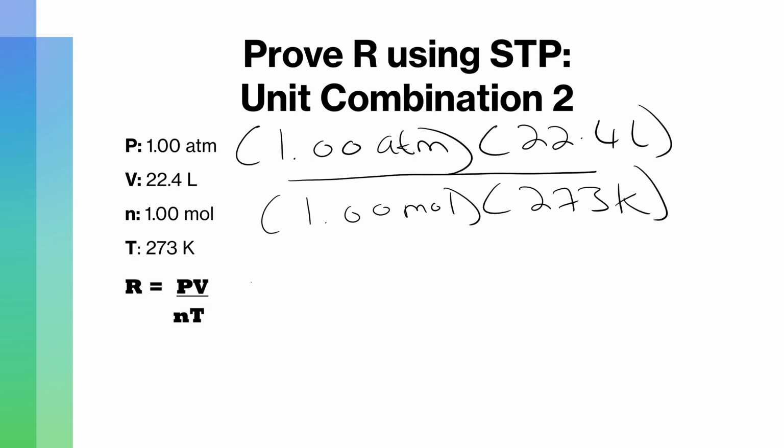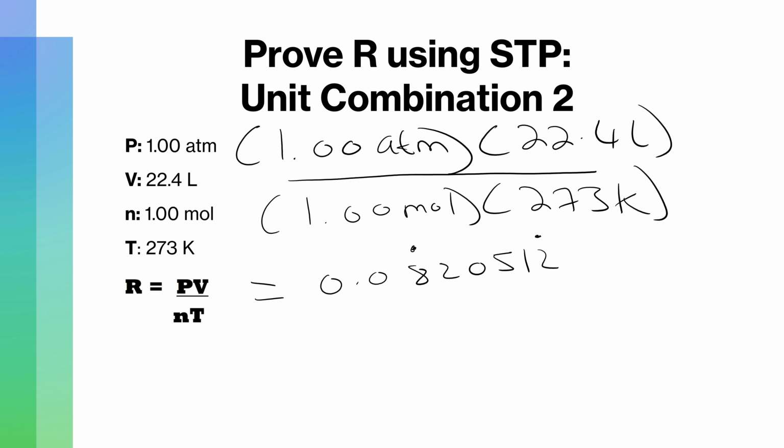And if we put that into a calculator, we would get an answer of 0.0820512, and the 820512 would be recurring, so we go on and on. For simplicity, we're going to be rounding to three significant figures.